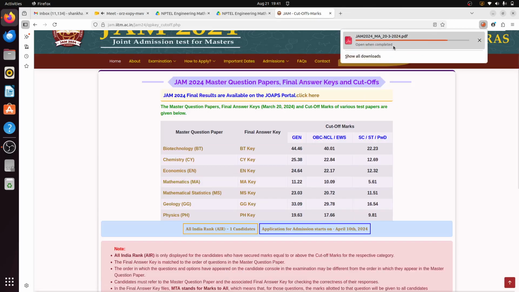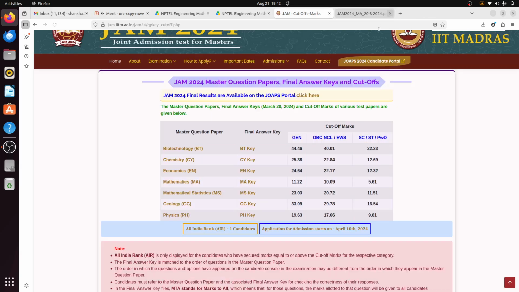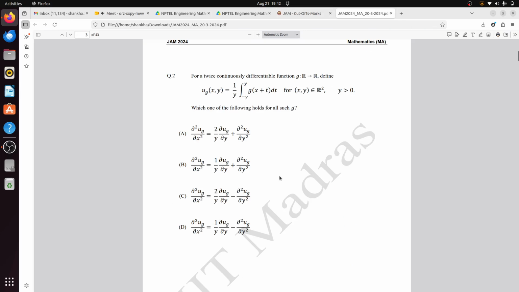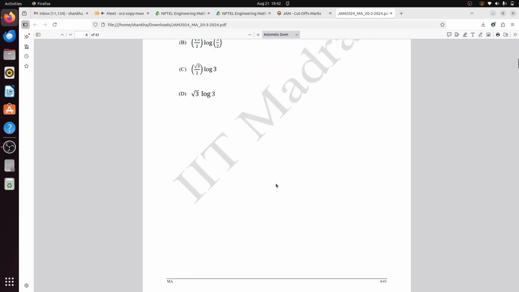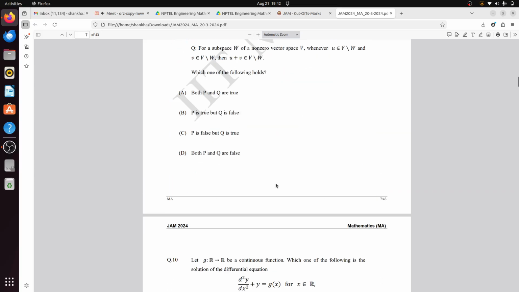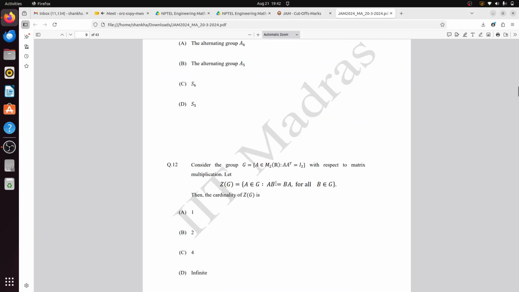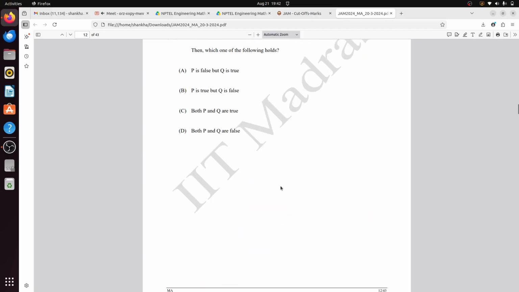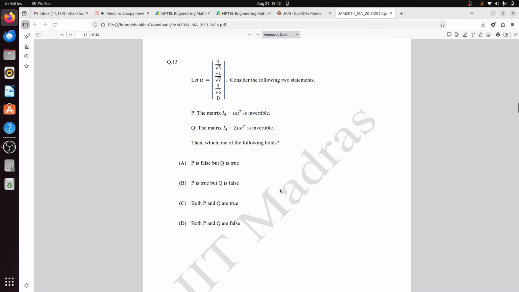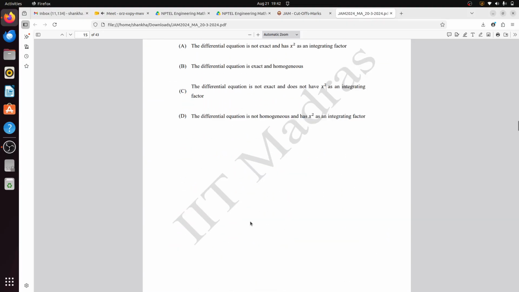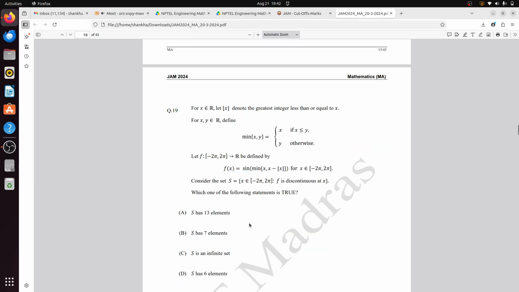The JAM 2025 IIT Madras question is always a bit tricky. IIT Madras always asks difficult questions.